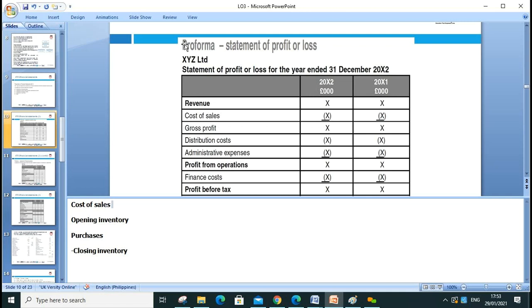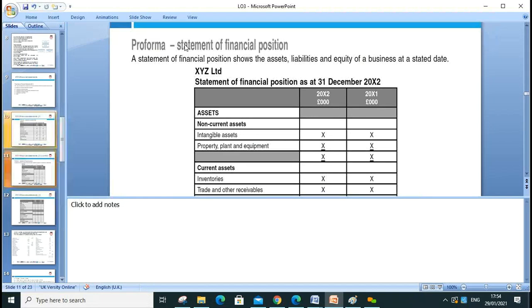So we subtract these, then we have finance cost. Finance cost means interest. If we borrow money, we pay interest. Interest is an expense for the business. So we subtract it and we get profit before tax. Then we pay the tax on it and we get net profit after tax. Any question? No. Which we'll prepare today and we'll see.